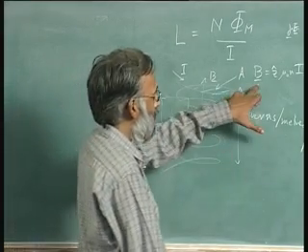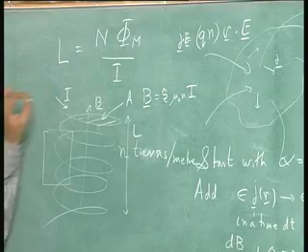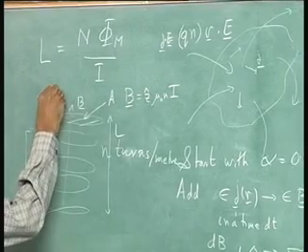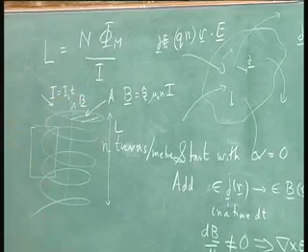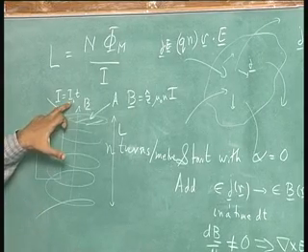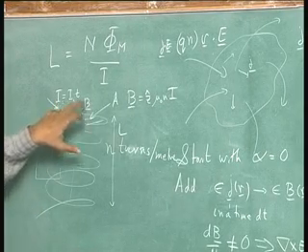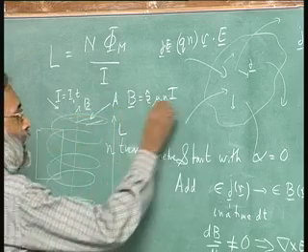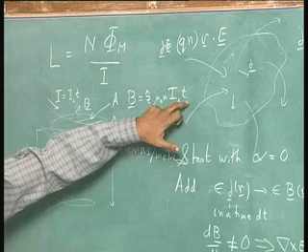Now, if this B is going to be built up slowly by increasing this current, and if this current is some I naught t, then between 0 and 1 second I am steadily increasing I till I reach I naught. Then my B is also mu naught n I naught t.